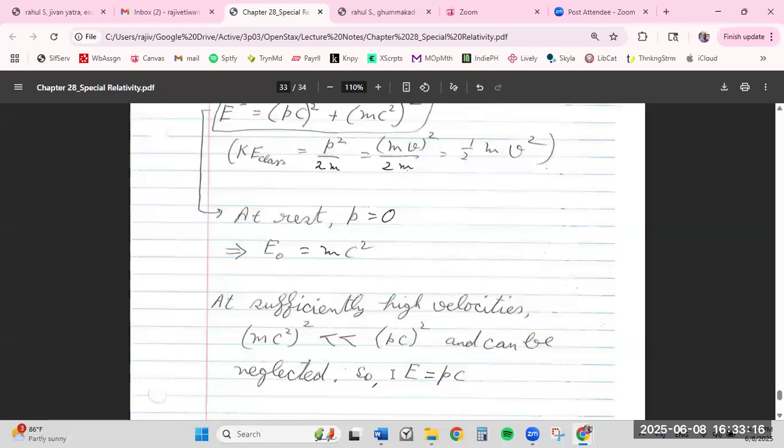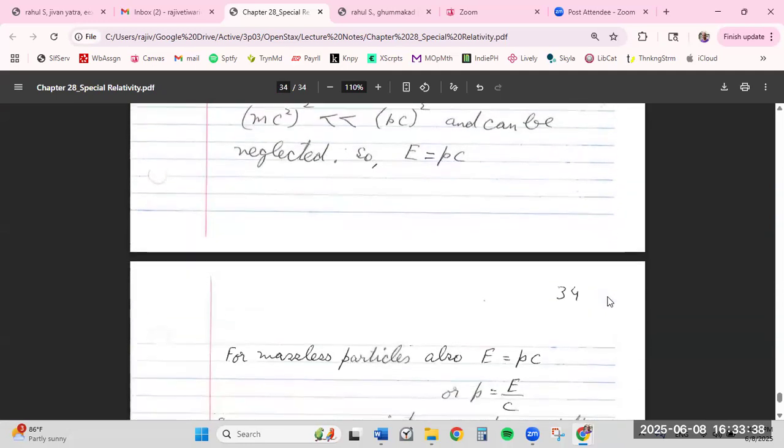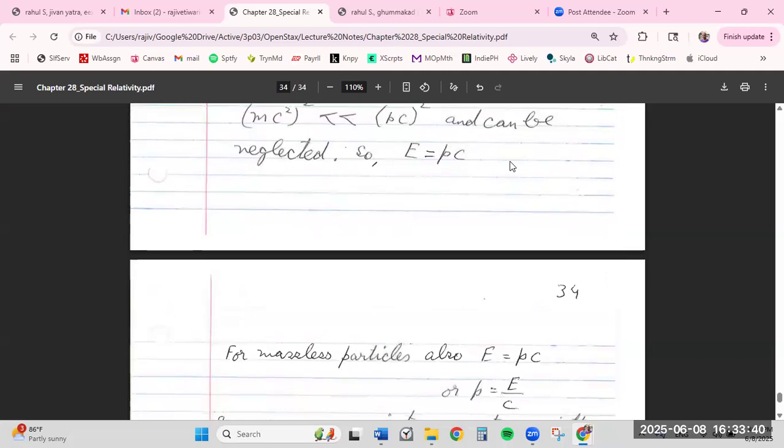So this (mc squared) squared term, the square of the rest energy, can be ignored at high energies. So the second term in this equation can be ignored if the speed of the particle is close to the speed of light. So that brings us to E equals pc.